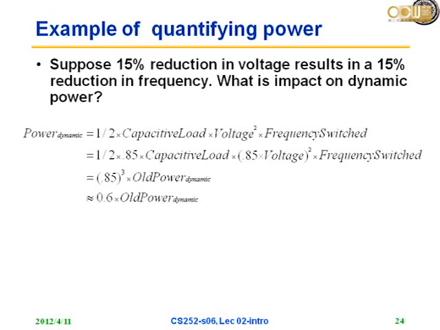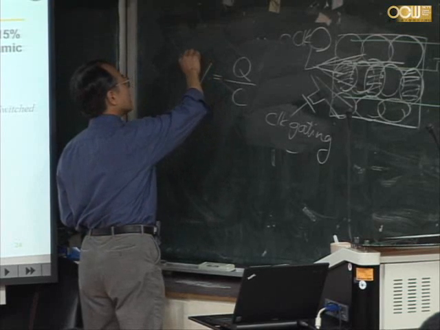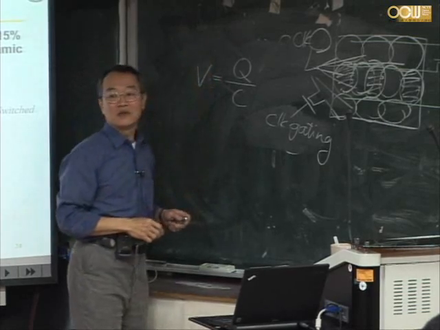So suppose a 15% reduction in voltage results in a 15% reduction in frequency. If you lower the supply voltage, then it will take longer for you to charge the gate up to that voltage. So whenever you lower the voltage, you need to lower the frequency.